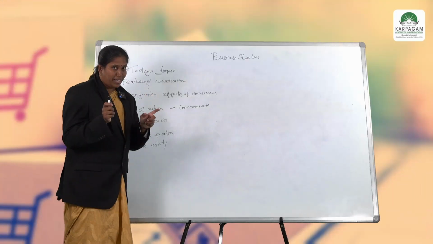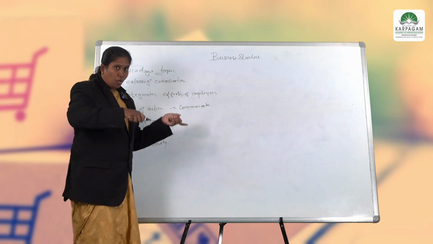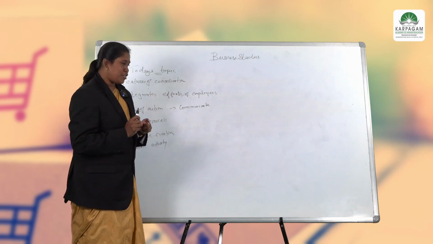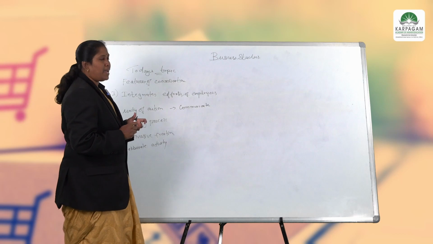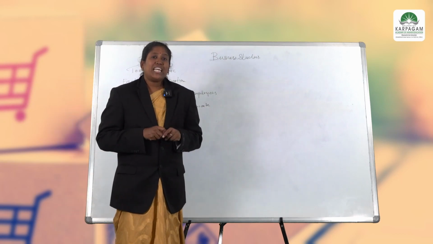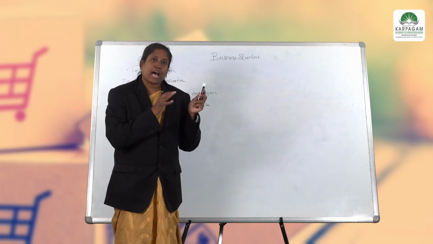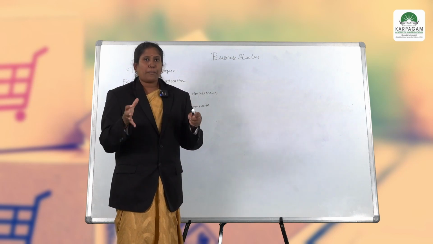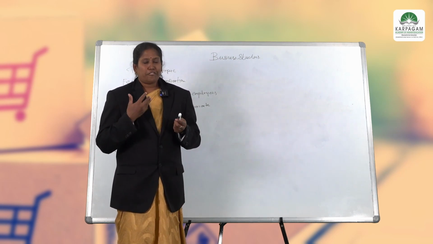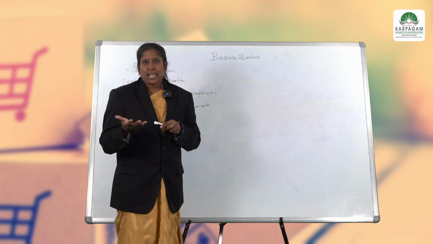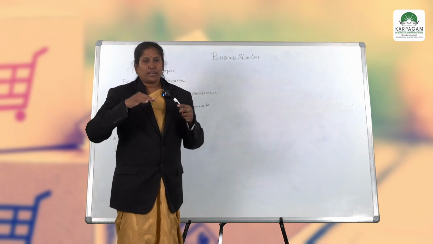So there must be coordination so that they can achieve their own goals and also organizational goals. The next one is unity of action. There must be clear-cut communication between the staff members. The staff members should communicate their own knowledge and feelings to the higher levels like heads or their boss.